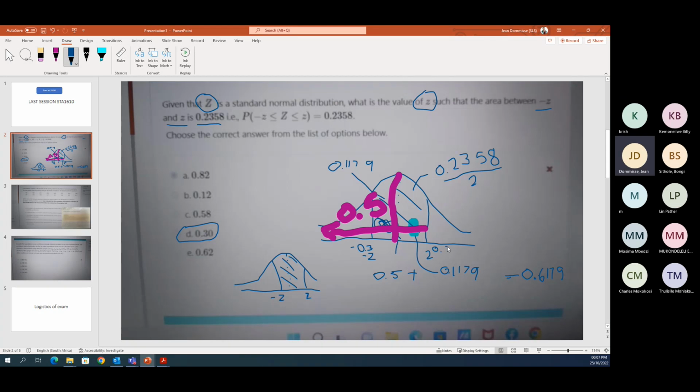Okay, so it is a bit different where we would normally get the Z scores and you get the probability. Here they've given you a probability and you need to work out the Z score. Okay, so I hope that is a bit clear now. I think, and you guys can just correct me, but I think this was on the mock exam.